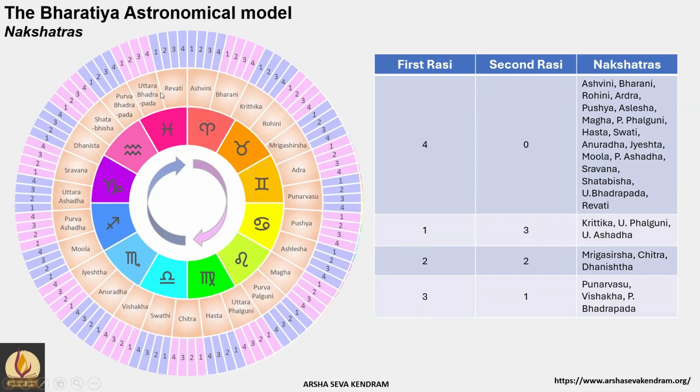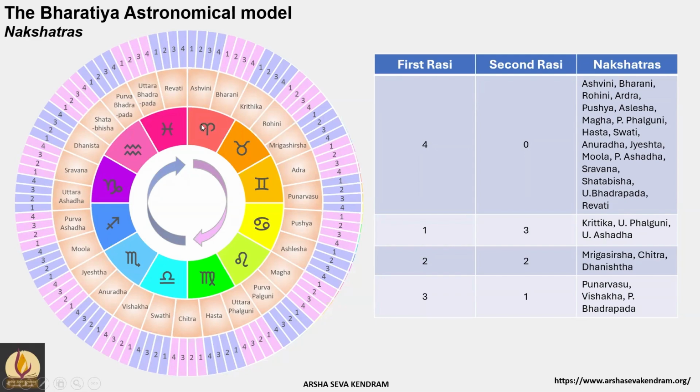If you look at it, every nakshatra has four padas, as we saw, and every rasi has nine padas in it.